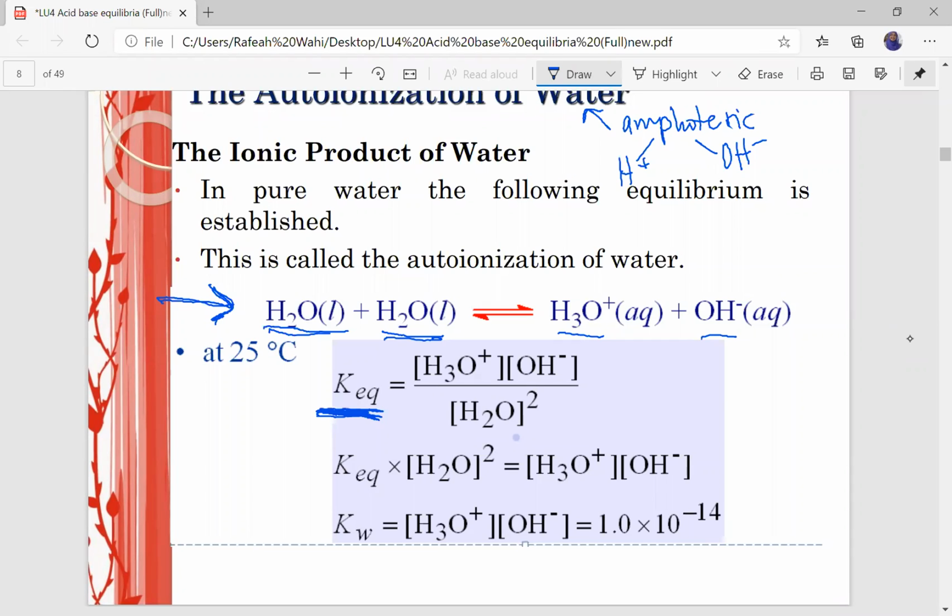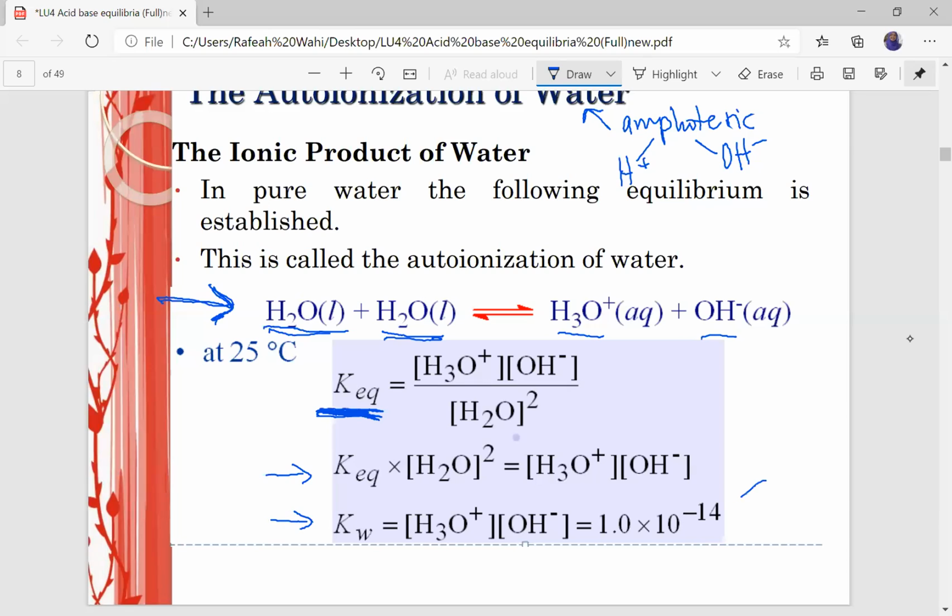So when you rearrange the equation, you have Keq, the equilibrium constant, times the concentration of water squared, equal to the concentration of hydronium ion times the concentration of hydroxide ion. From here, you can rearrange as well: Kw, which is the water constant, equals the concentration of hydronium ion times the concentration of hydroxide ion.